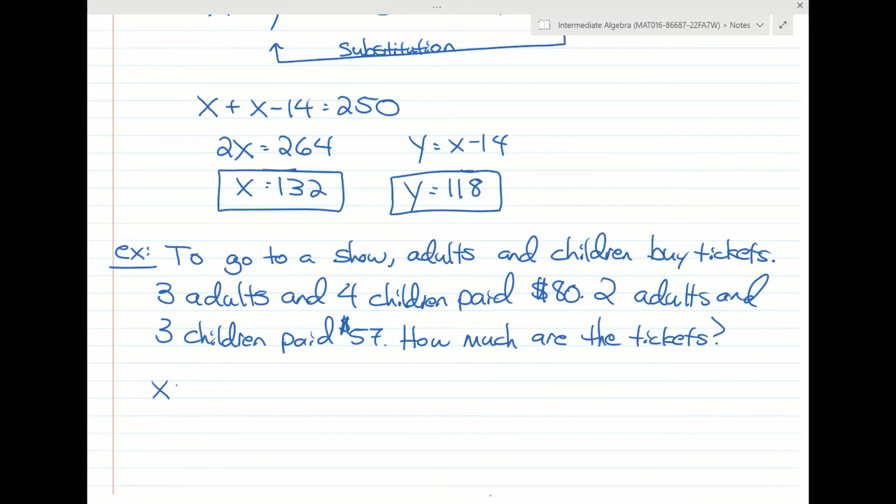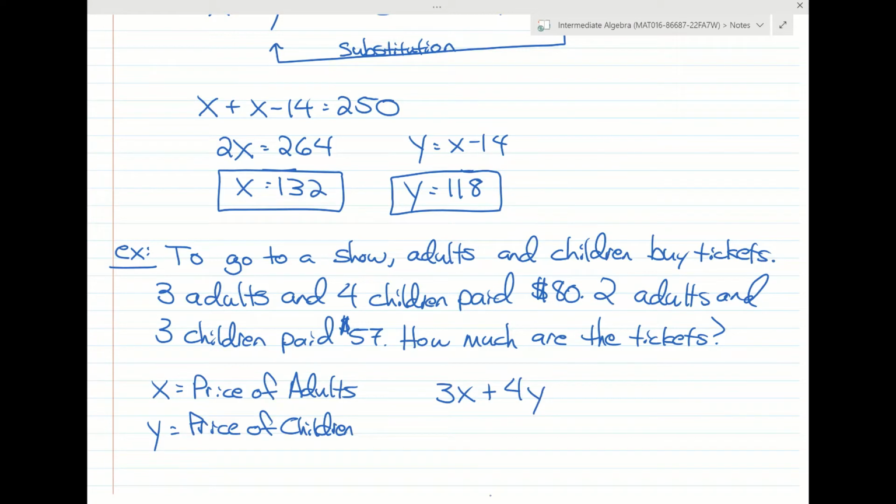Well, if we let X represent the price of adults and Y represent the price of children, we'll do 3 adults plus 4 children, comes out to $80.